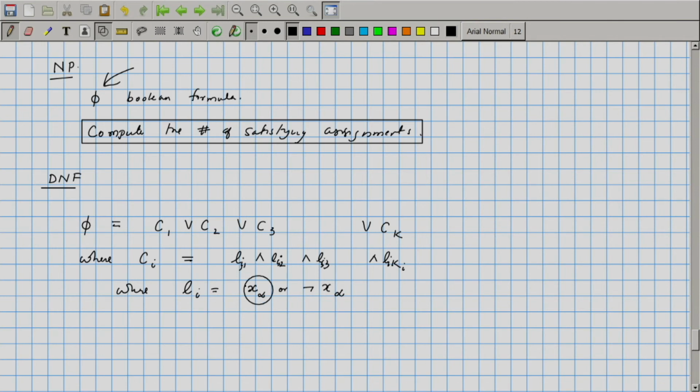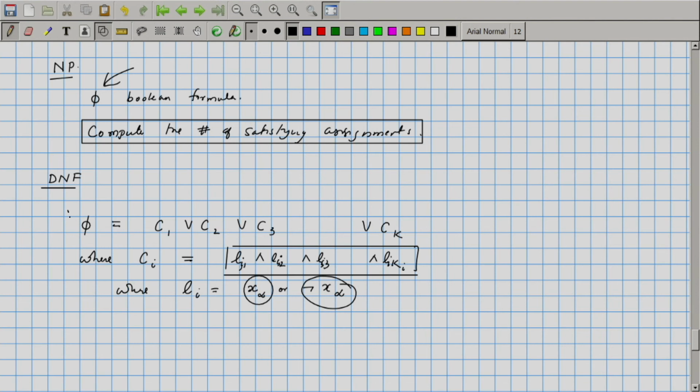It is either a variable or the negation of the variable, and we may assume that each clause contains at most one occurrence of a variable, because if two occurrences of the same variable appear, if they are in the same form, we can just replace them by a single one, or if they are of opposite kinds, we can say that that particular clause is unsatisfiable, and therefore, the formula can be simplified further.